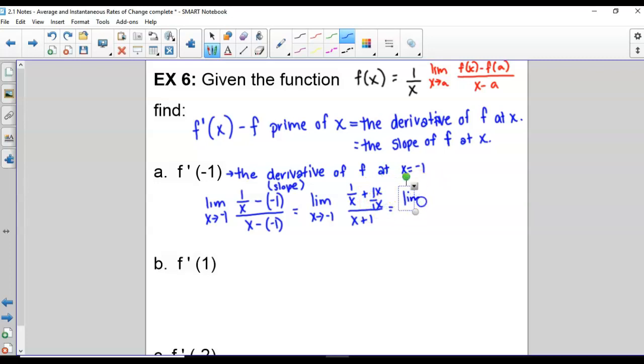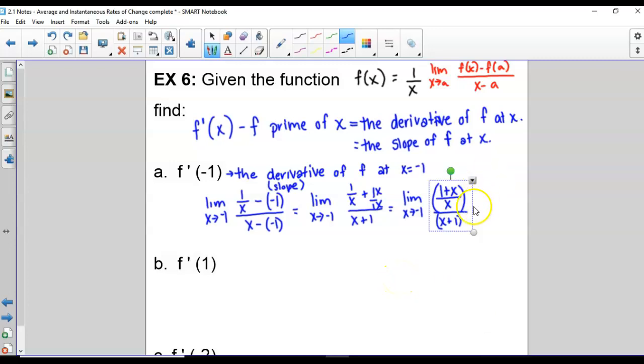And so we'll have the limit as x approaches -1. Alright, so we got 1 plus x all over x, over x plus 1. Put some parentheses there. Okay, questions on that part?